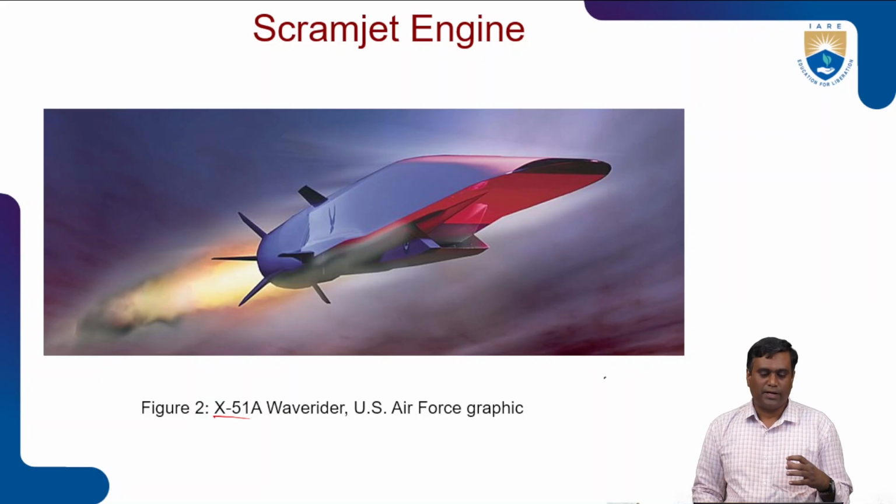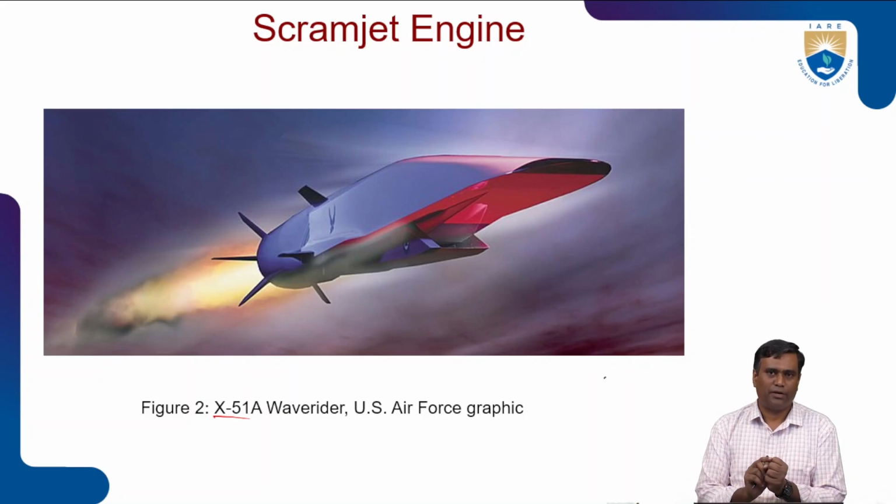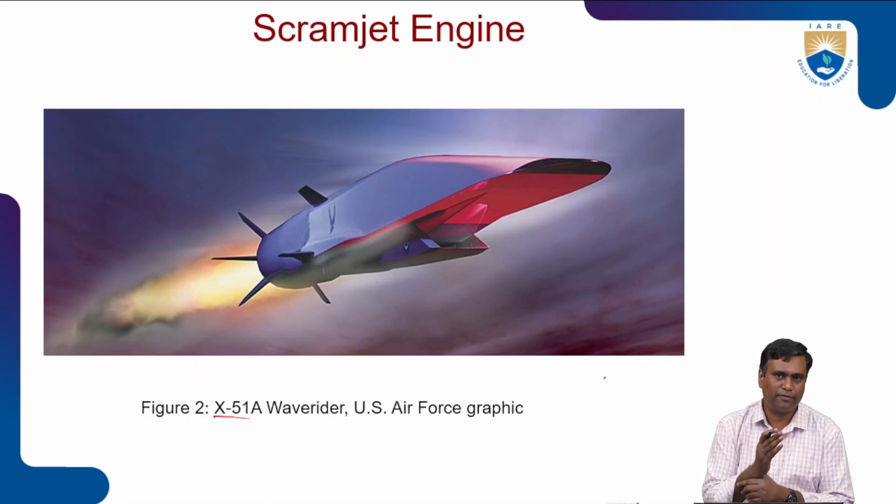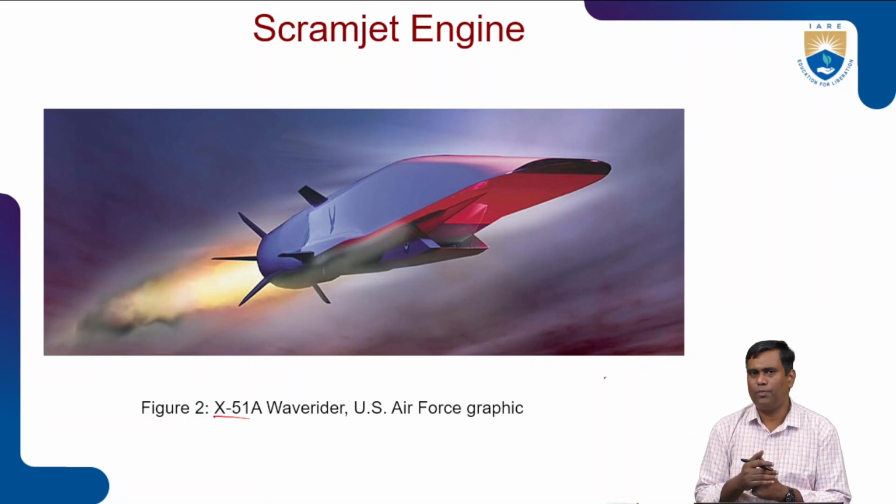So ramjet and scramjet are supersonic vehicles. Both are developed for supersonic speeds, very high speeds. Ramjet is in the range of Mach 2 to 5, whereas scramjet is developed for hypersonic application, that is Mach 5 to 10 and above. In both the cases, both the vehicles are simple in design, in the sense there are no moving parts, and simple operation in a way.